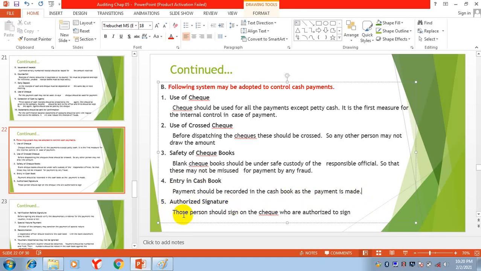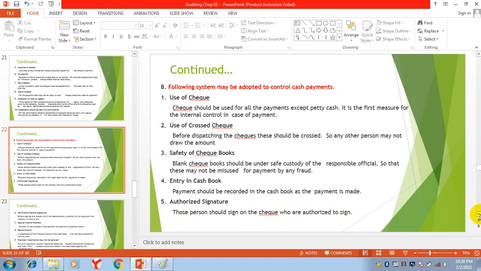Authorized signature. Those persons should sign on the checks who are authorized to sign. There will be a responsible official, and without his signature, payments cannot be made. That authorized person will sign on the check before making the payment.